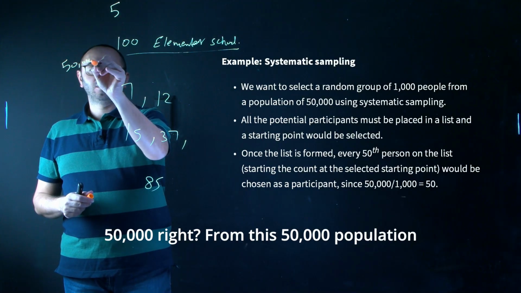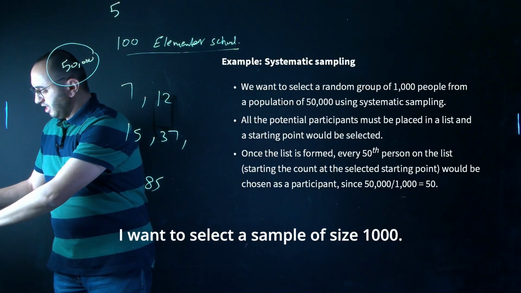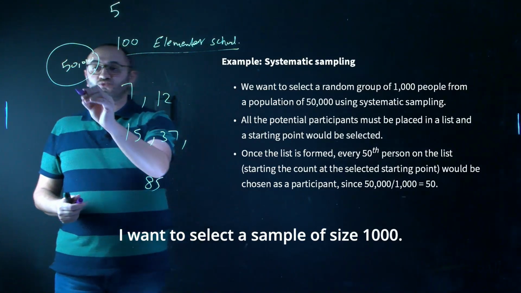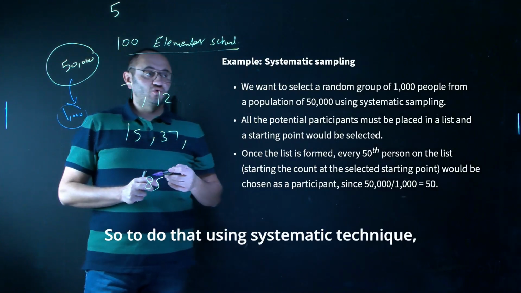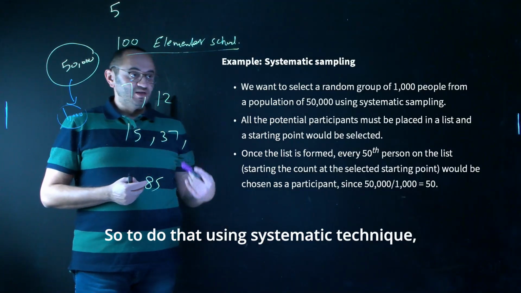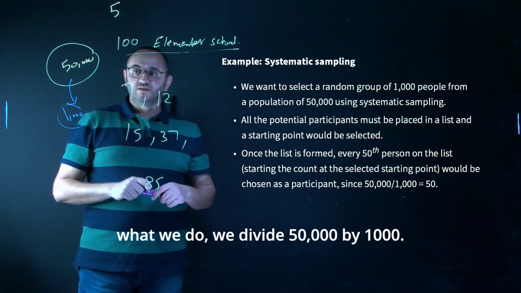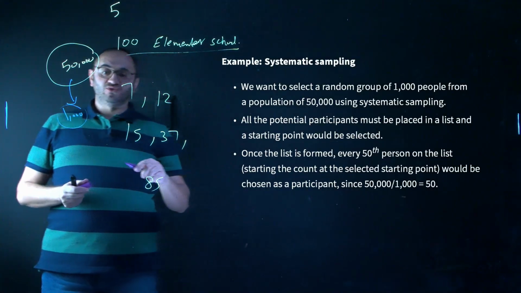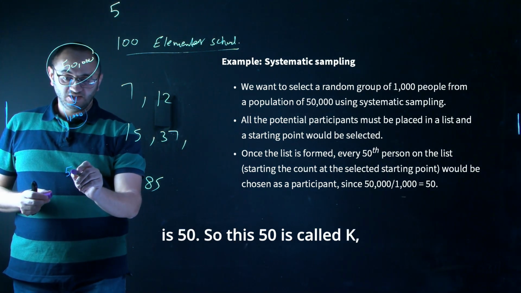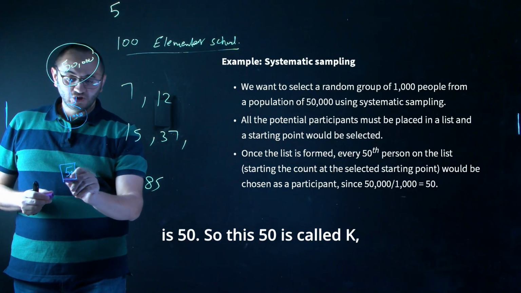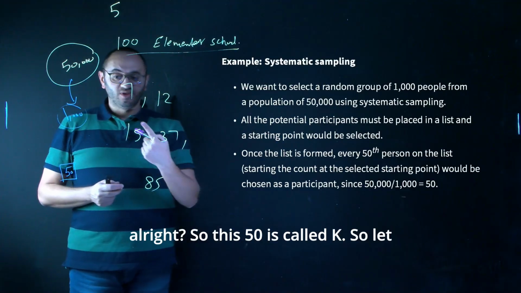From this 50,000 population, I want to select a sample of size 1,000. So to do that using the systematic technique, we divide 50,000 by 1,000. So the answer is 50. This 50 is called K.